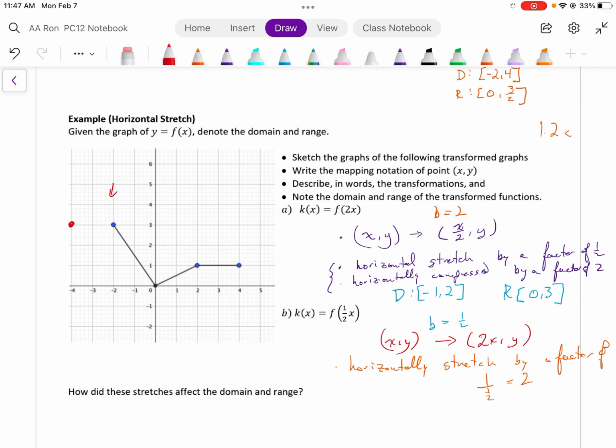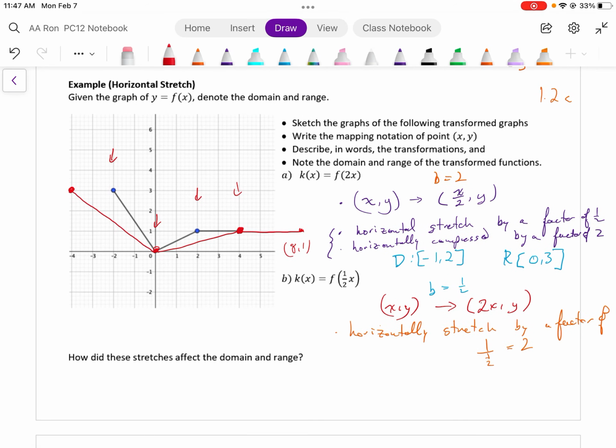It turns into (-4, 3). My origin (0, 0) remains at (0, 0). (2, 1) is mapped into (4, 1). Now, my old point that was at (4, 1) would be mapped into (8, 1). So, I made my graph way too small. But anyways, this is now my new graph that is stretched by a factor of 2.